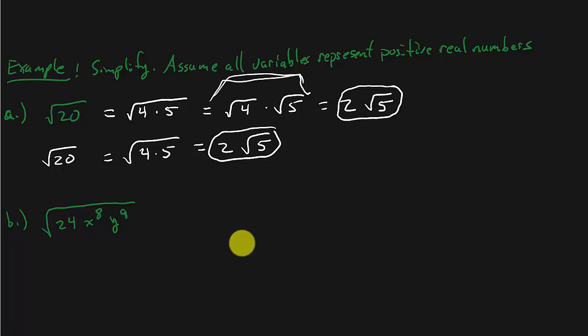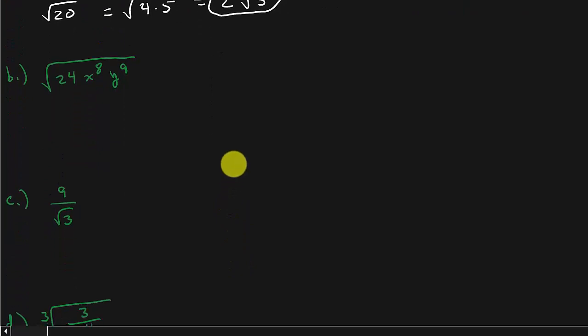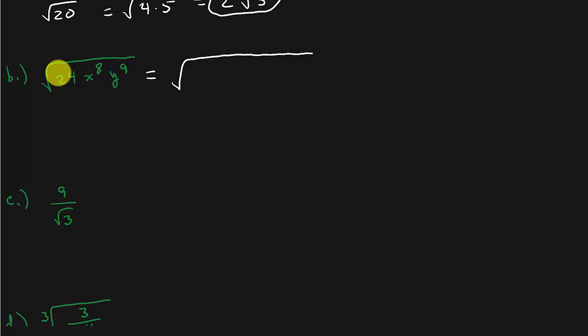All right. So let's look at the next problem. So here we got the square root of 24, x to the 8th, y to the 9th. So I've got square root of 24. 24 is not a perfect square, but it does have a factor that's a perfect square.